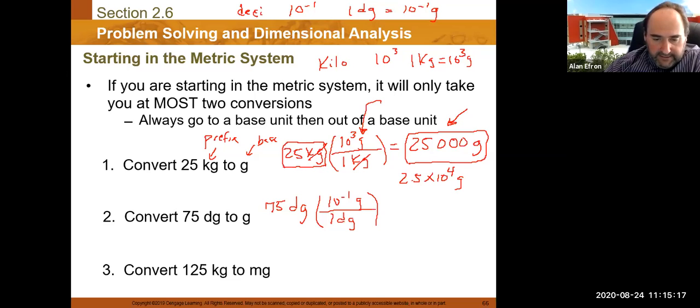Again, here our decigrams will cancel. We're basically multiplying 75 times 10 to the minus 1. And that gets us 7.5 grams in this particular case. And again, that's the same thing you would get if you did the 10 decigrams as 1 gram, and you get the same.